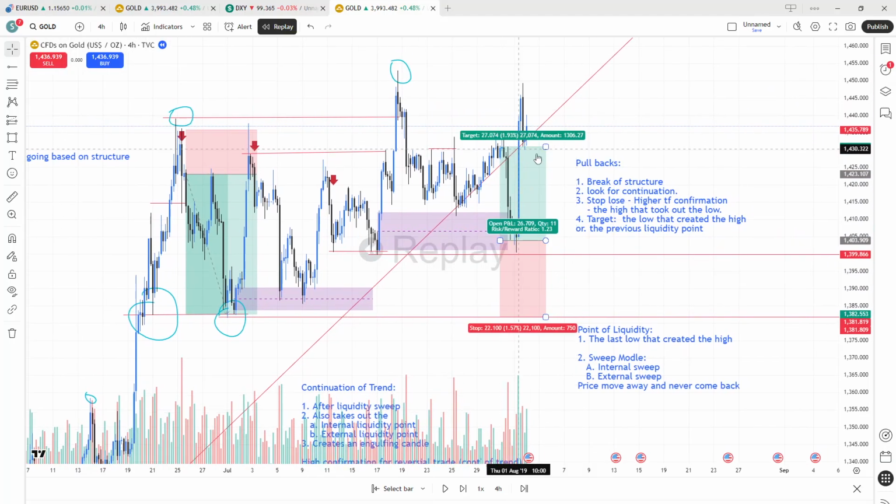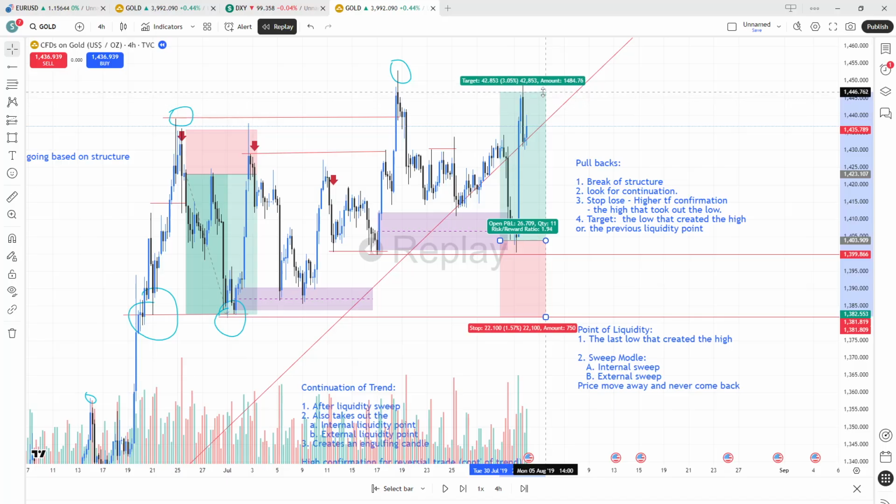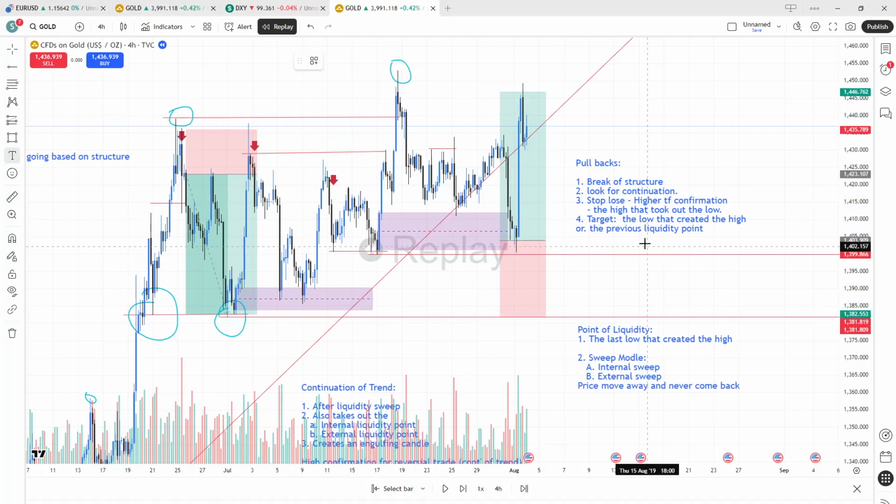Just assuming this on a higher time frame, this is going to be our TP. But again, we have two stops: mental stop, and also this is going to be our hard stop. Okay, so pullback, continuation.